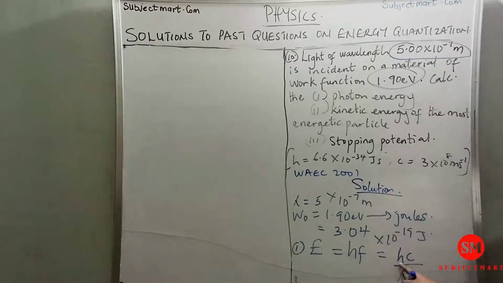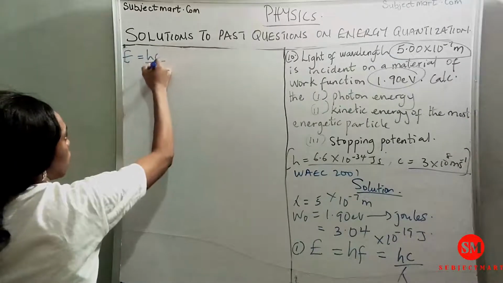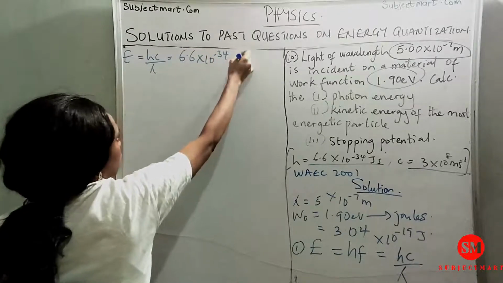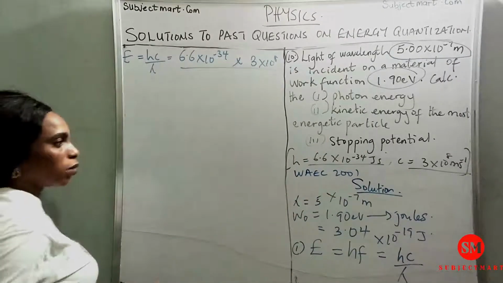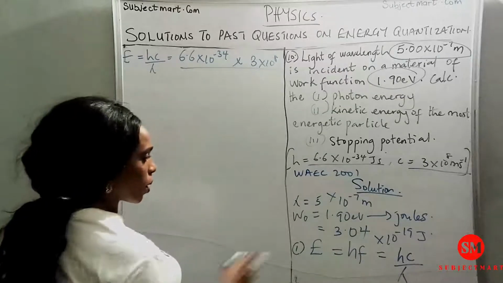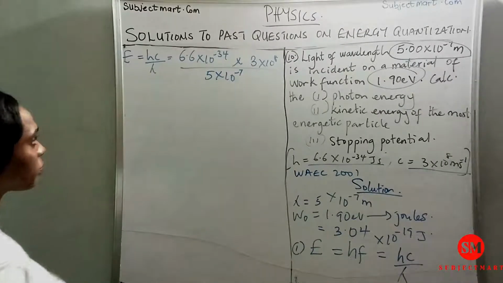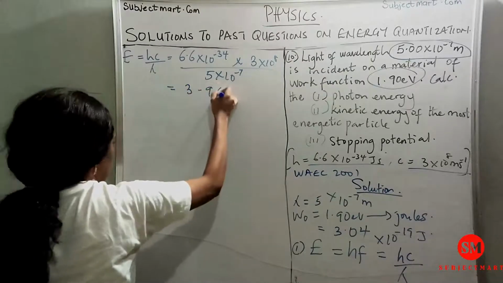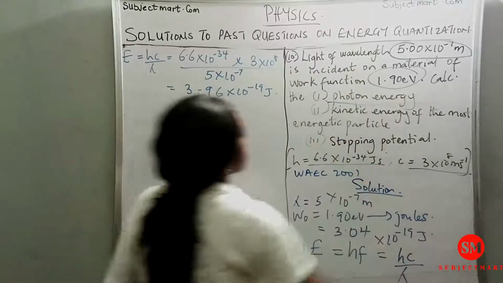We know our lambda, we know our H, and we know our C. So we just go ahead and write E is equals to HC over lambda, which equals to our Planck's constant, and the C, which is 3 times 10 raised to the power 8 over the lambda, which is 5 times 10 raised to the power minus 7. And this will give me 3.96 times 10 raised to the power minus 19 joules. So we have answered the first question, the photon energy.